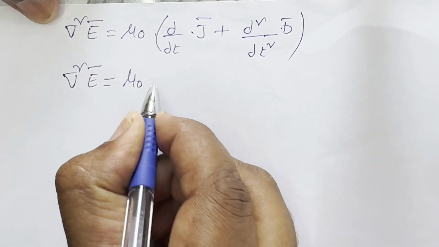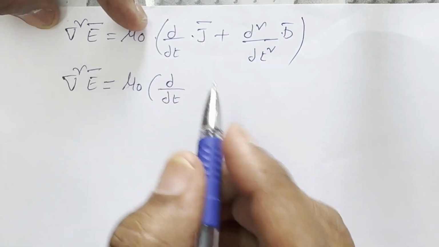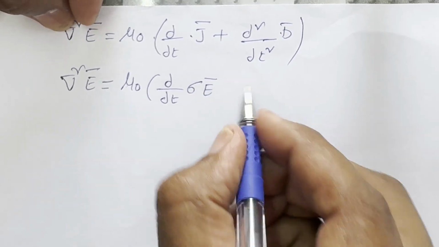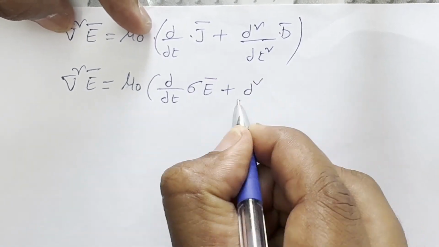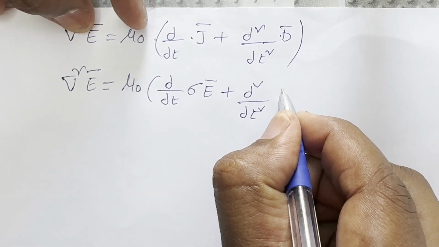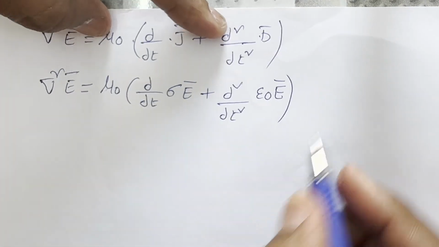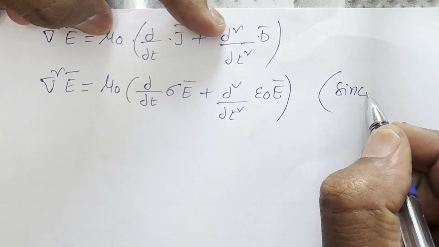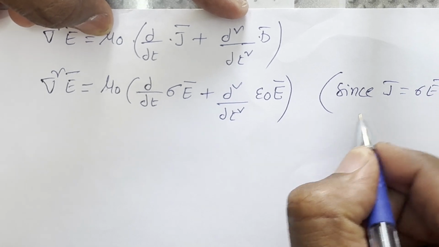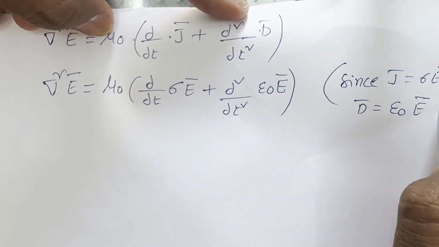The value of J bar can be written as sigma E bar, and D bar can be written as epsilon naught E bar, since J bar equals sigma E bar and D bar equals epsilon naught E bar.